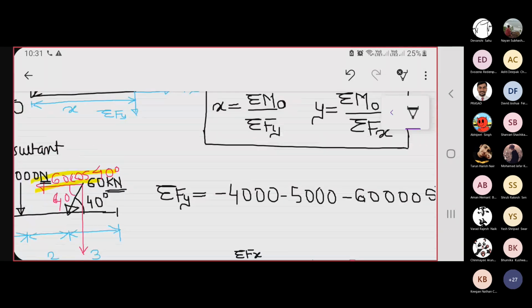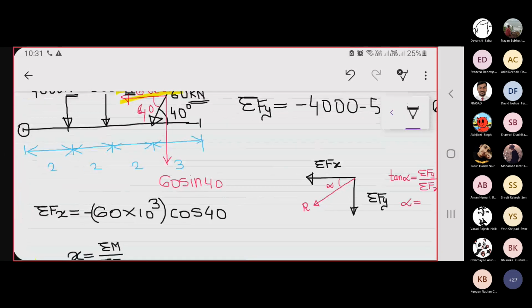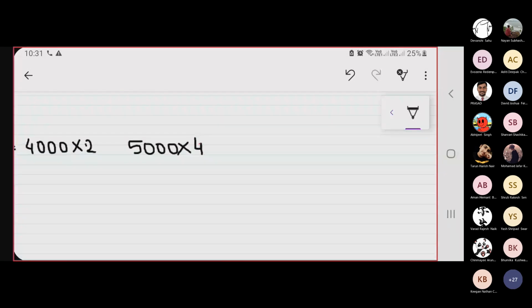So plus 60,000 sine 40, that is the force into distance as 6.